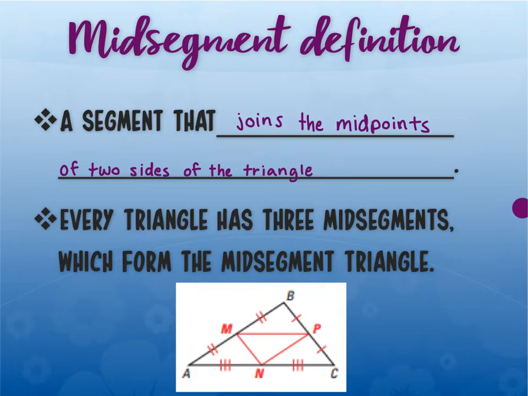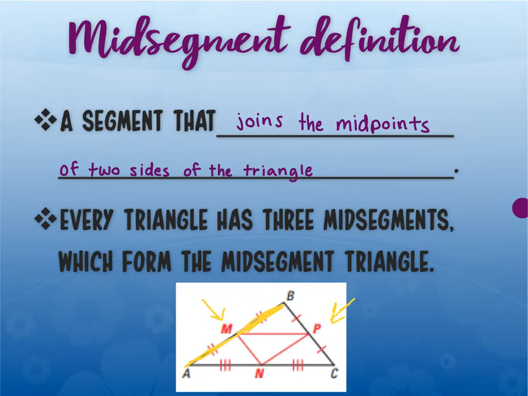So if we look at this example, M is the midpoint of AB because it has two tick marks here and two tick marks here, so we know that those two segments are equal, so therefore M is the midpoint.